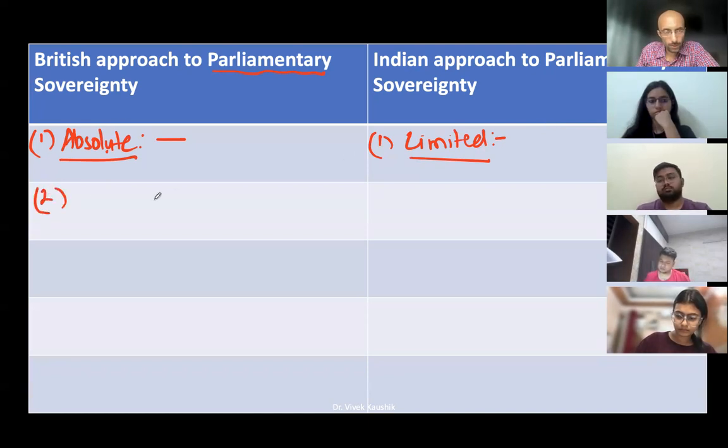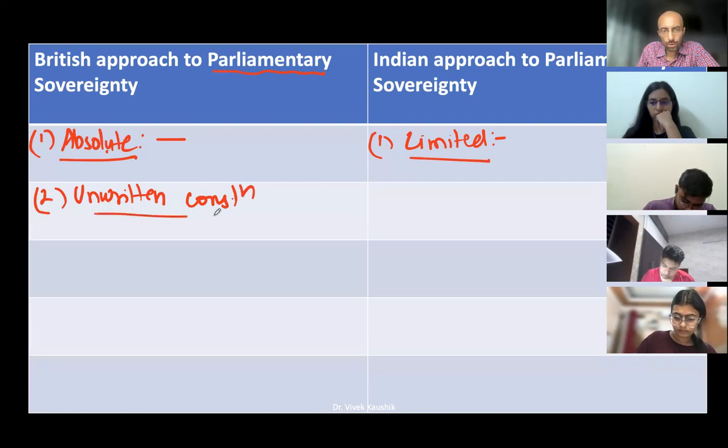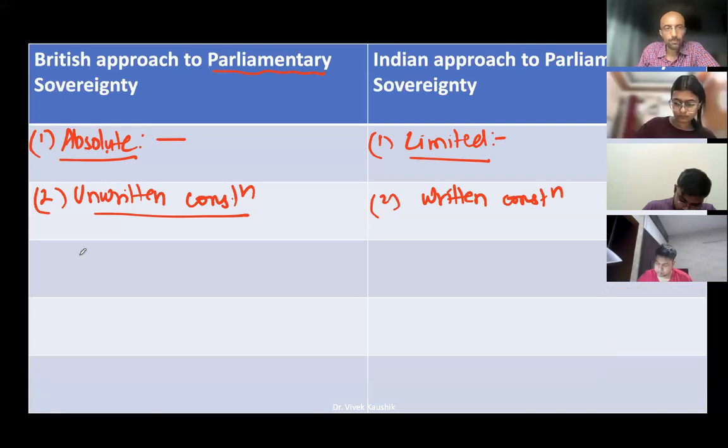Okay, second point, right? Unwritten constitution. And this side, in India, written constitution. Third, right, judicial review is weak.